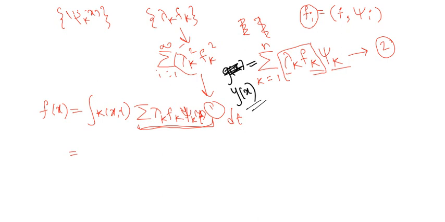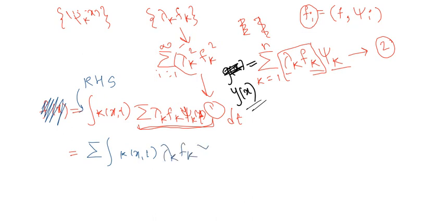So we can write this as summation of the integral of k of x comma t. I'm just taking the RHS, and I will show it to be equal to f of x. Then only I can say that this series 2 is a solution. So this is k of x comma t into lambda k f k xi k of t dt.